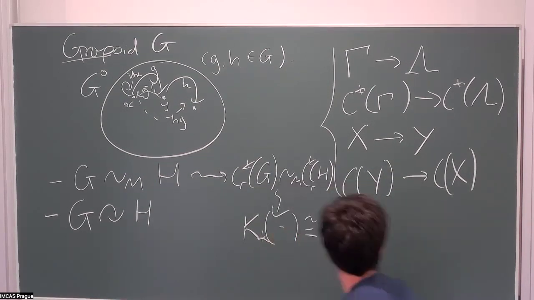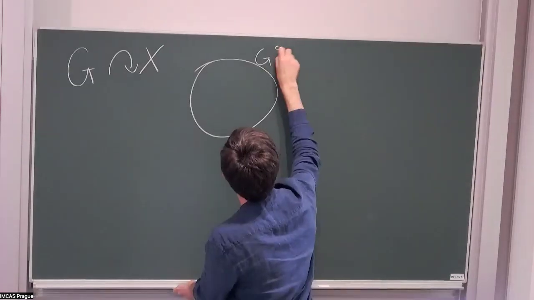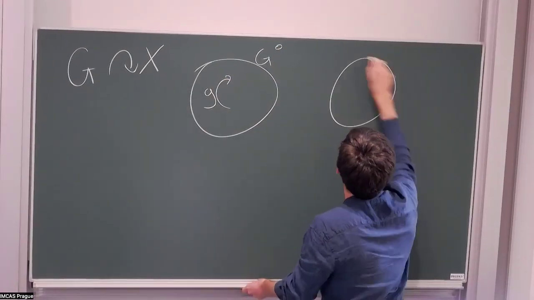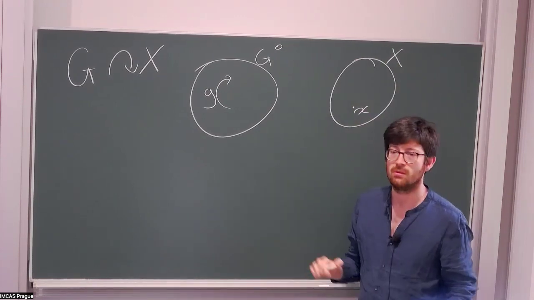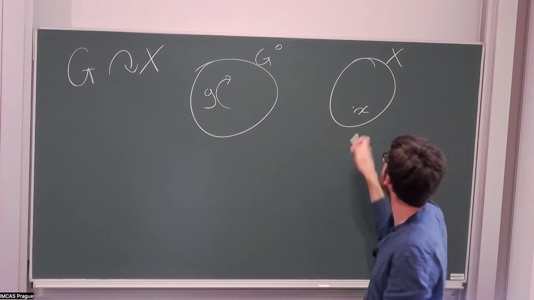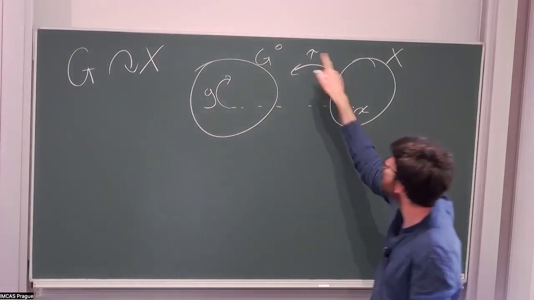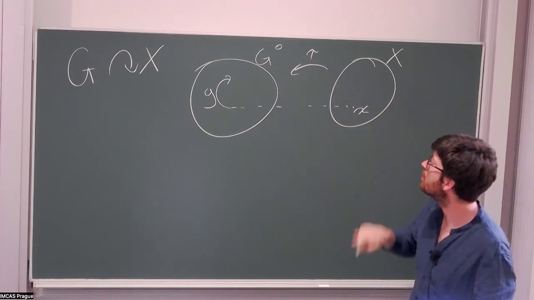information, so let me just do it on this one over here. That information is governed by, you have the unit space of the groupoid with the arrow here, and you have the space X that you want to act on. You've got your point x. You want the groupoid element to act on this thing here. What you need is something called an anchor map, which goes from the space to the unit space here, tau.